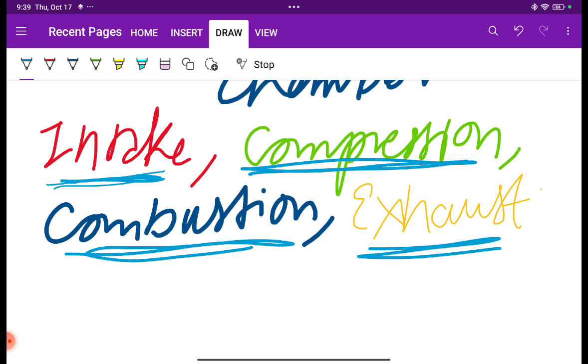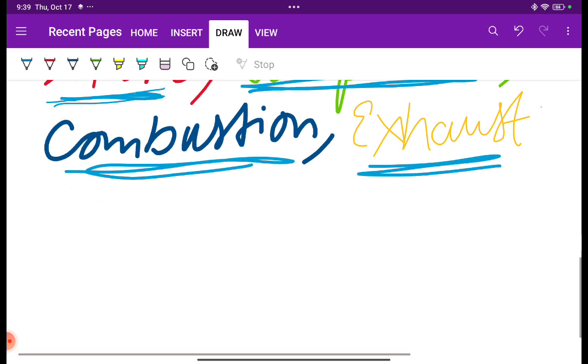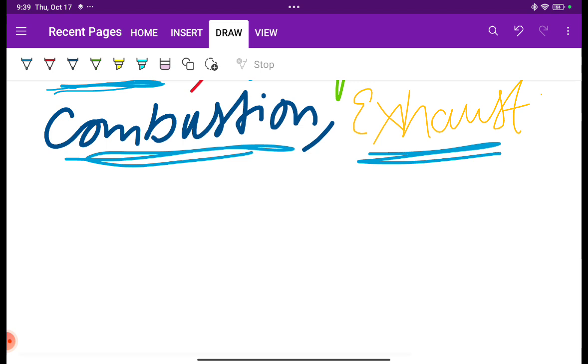A high pressure gas produced by the combustion pushes the piston. High pressure gas will push the piston, which is connected to the crankshaft, that converts the pressure into the rotational motion.